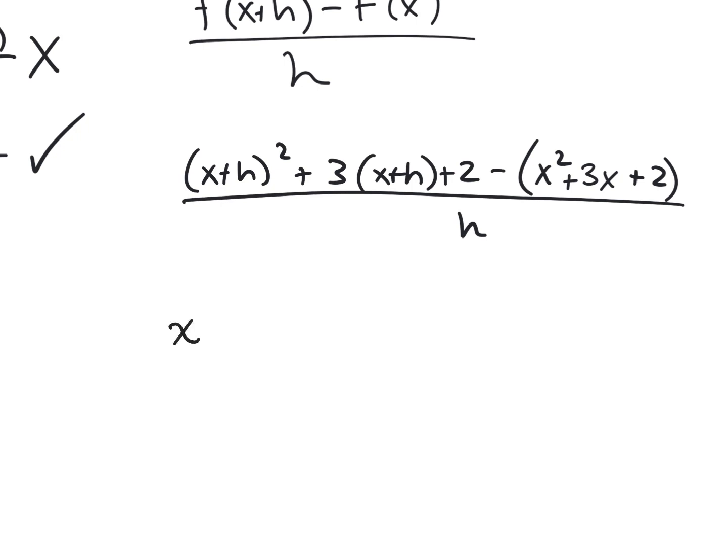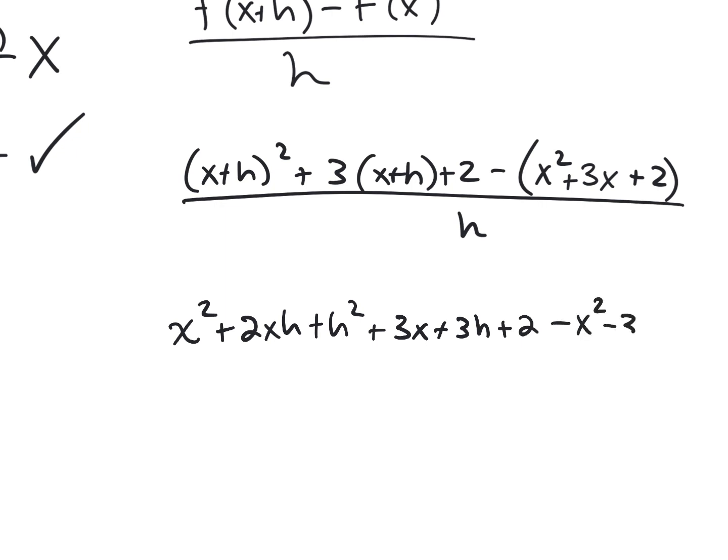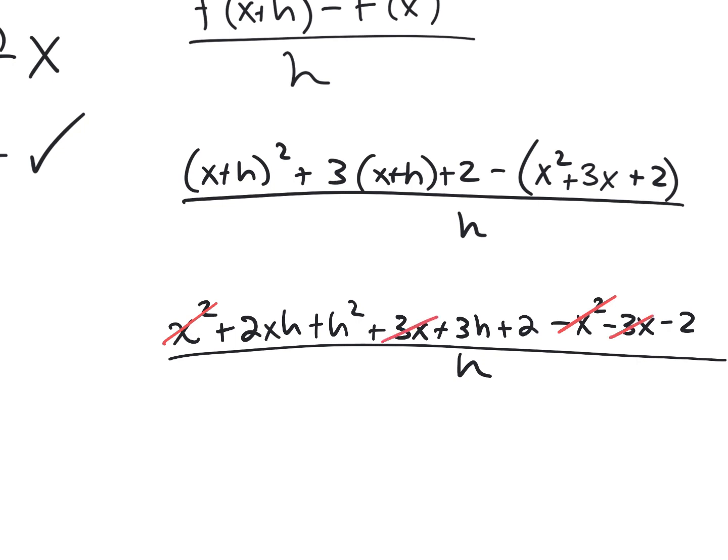So we're going to have x squared plus 2xh plus h squared plus 3x plus 3h plus 2 minus x squared minus 3x minus 2. So we have a big long string of numbers there in the numerator, and I'm going to do my best to cancel anything in common. So the 3x and negative 3x, the 2 and negative 2.